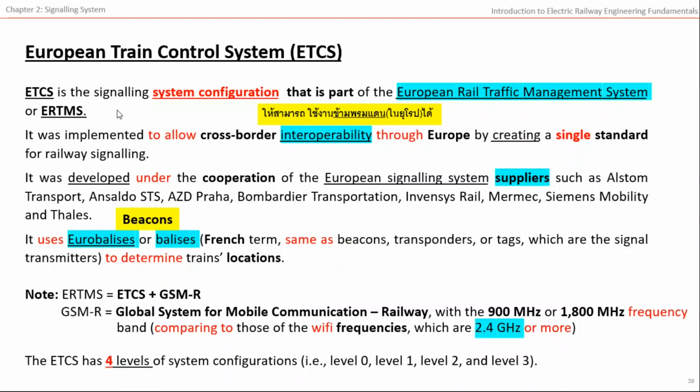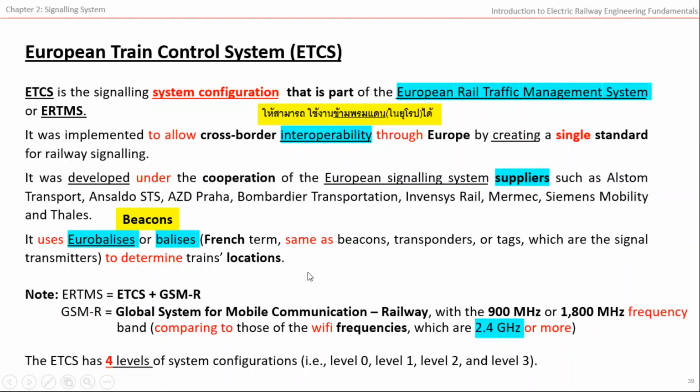Actually, this system was developed by signaling system suppliers in Europe. And to determine the locations of the trains, they use a signal transmitter, which they call European balises, or balises, to determine the train's location.